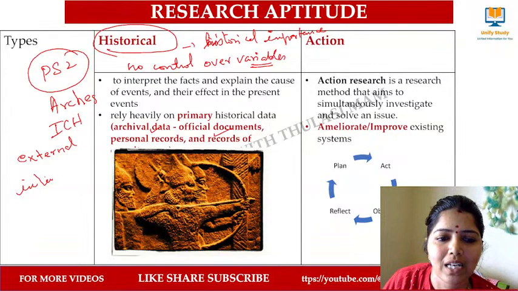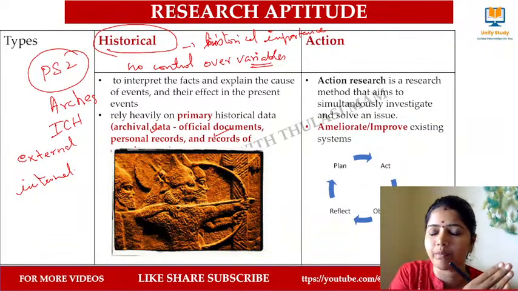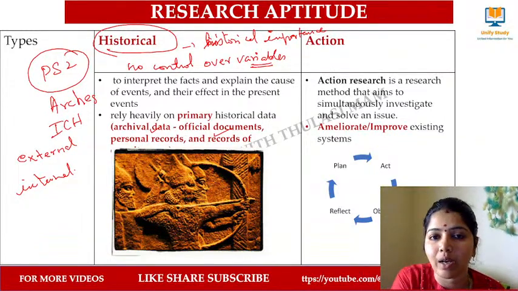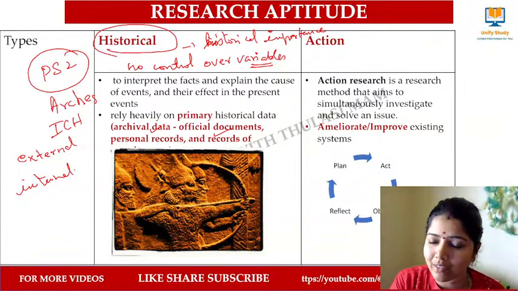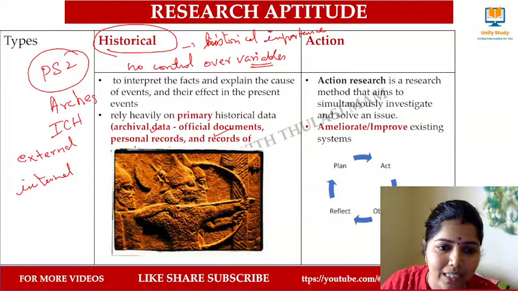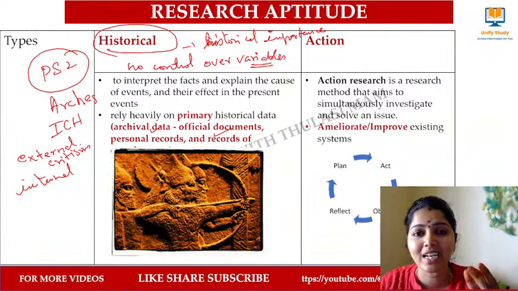What do you mean by external criticism and internal criticism? Historical research means researching something about the things which have happened in history. So in that research we have external criticism and internal criticism. External criticism is the validity of the source.